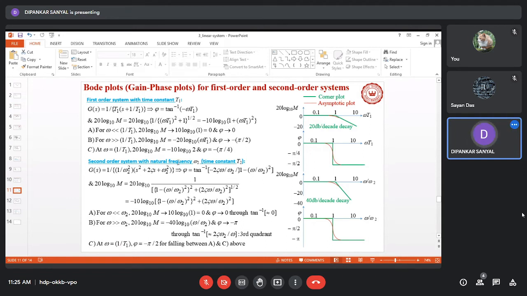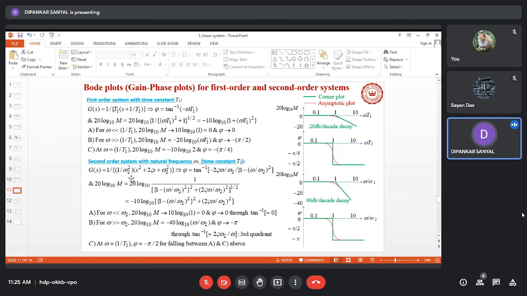Now, for a second order system, similarly we write this G(s) and phi, and we obtain G(s) in this form. This is a pure second order term, and to have a constant, dimensionless denominator, we have pulled 1 by omega 2 square out.